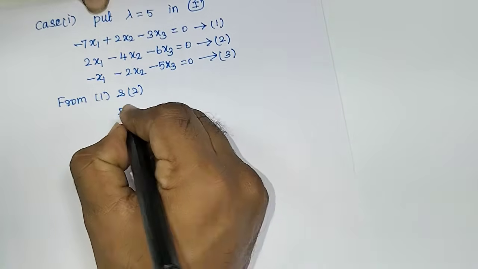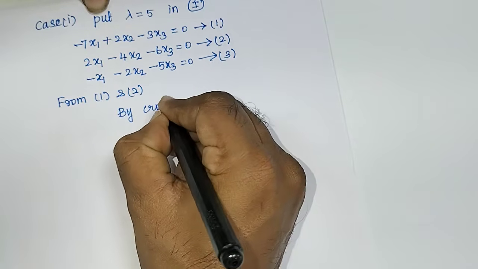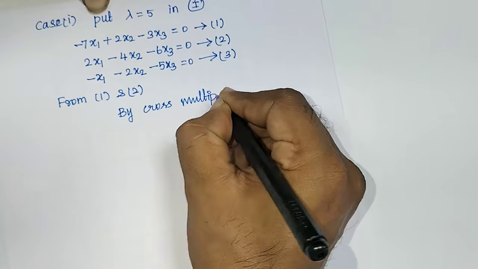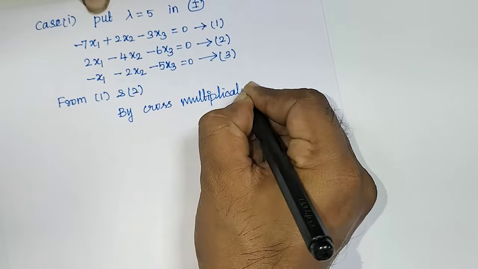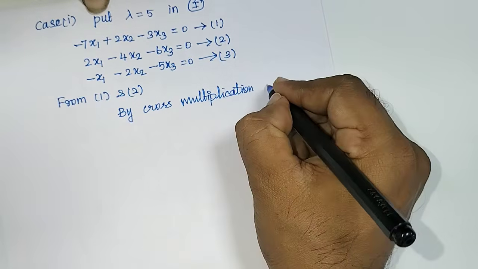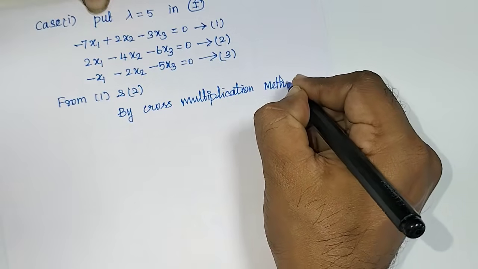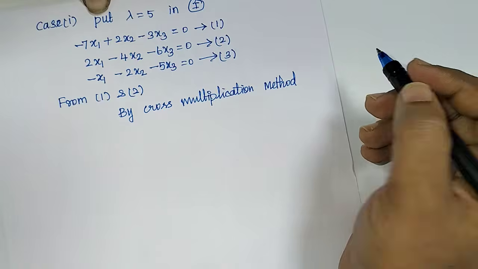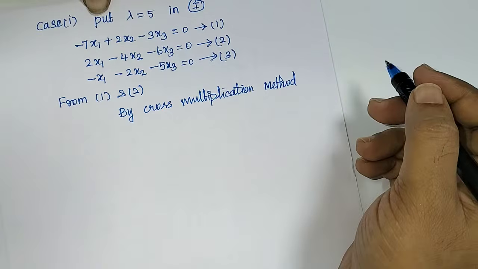So by using the cross multiplication method, that means the cross rule method. We can apply the cross multiplication method only when we have different equations. Otherwise we cannot apply the cross rule method.